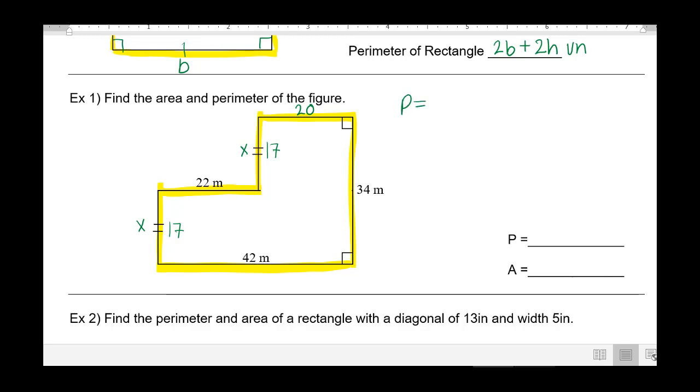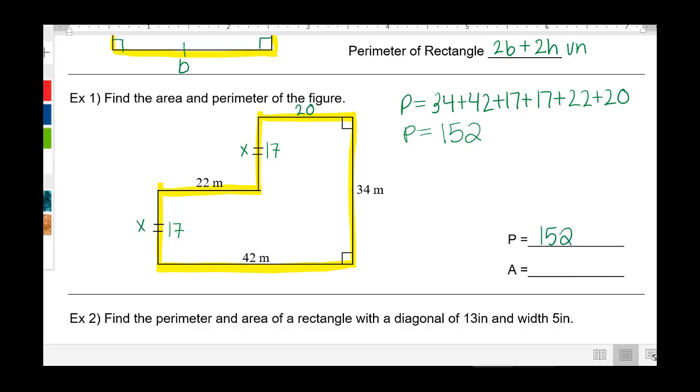So to find my perimeter, I'm just adding up all those side lengths together: 22 plus 17 plus 17 plus 22 plus 20, plus 42, plus 34, which I get 152 for the perimeter of the shape.